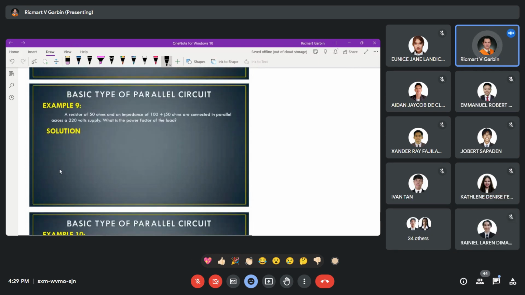So number 9: a resistor of 50 ohms and an impedance of 100 plus J 50 ohms are connected in parallel across a supply of 220 volts. What is the power factor of the load? So power factor na ngayon yung hinahanap sa atin.